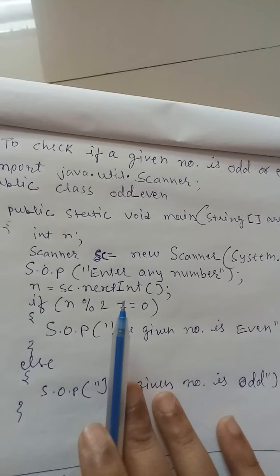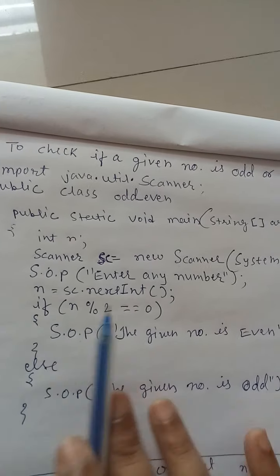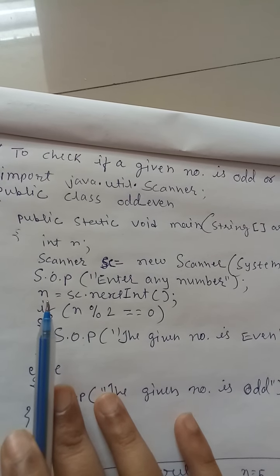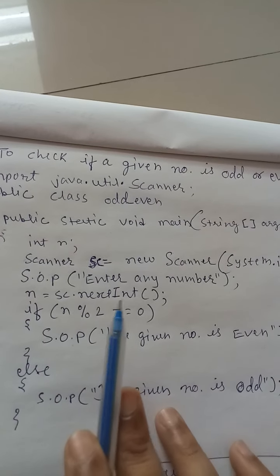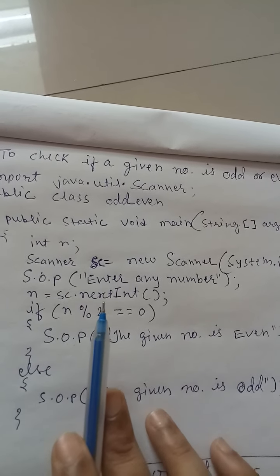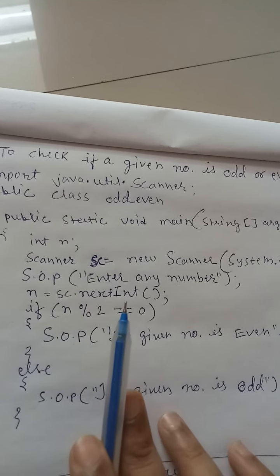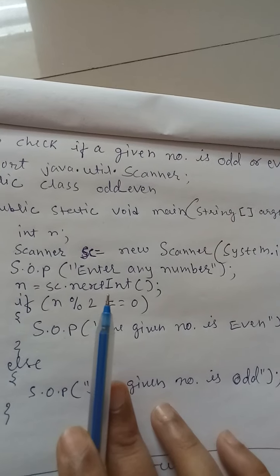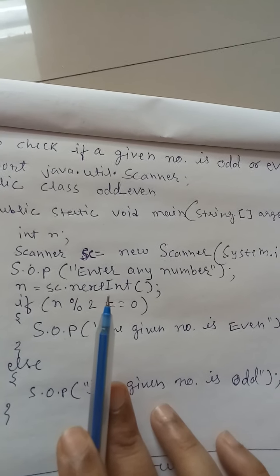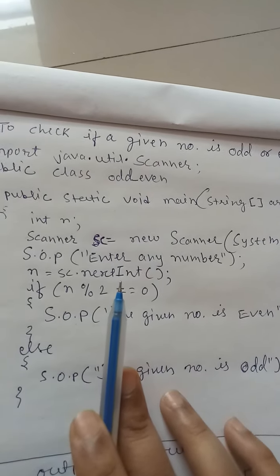You can see I have used nextInt because my variable n is of integer data type. If you declare it as a float, you will use nextFloat, but keep it in mind: if you are taking an integer then you write I as a capital, and if you are using float then you write F as a capital.